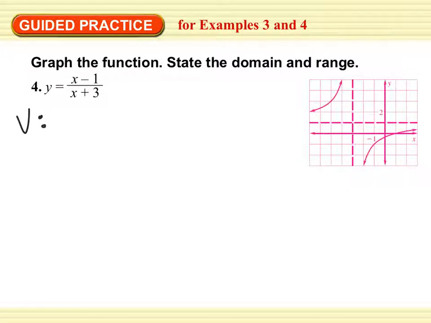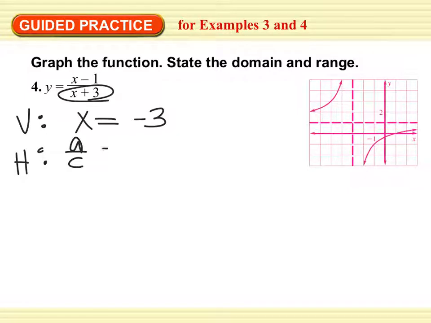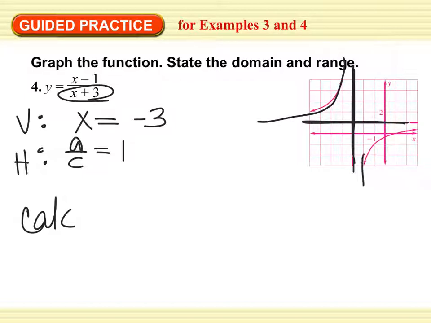For the vertical asymptote, I look at the denominator: there's a vertical asymptote at x equals -3. And the horizontal asymptote is a over c, which is 1. That's why we have a straight line here and a straight line there. Then I went to my calculator to see the shape, which gave me a curve here and a curve there.